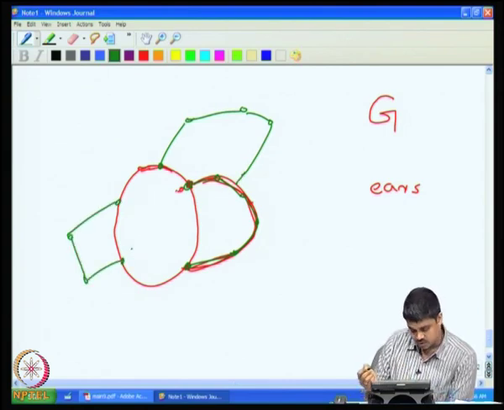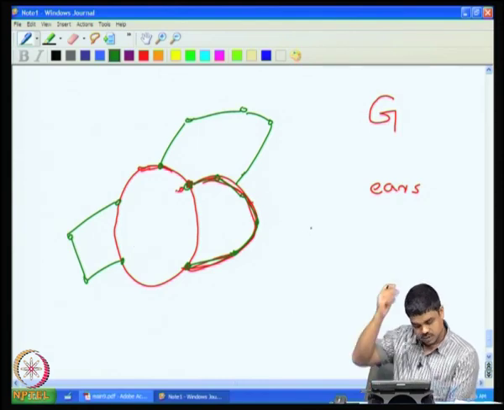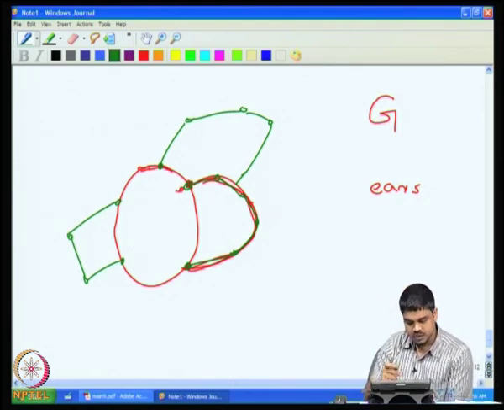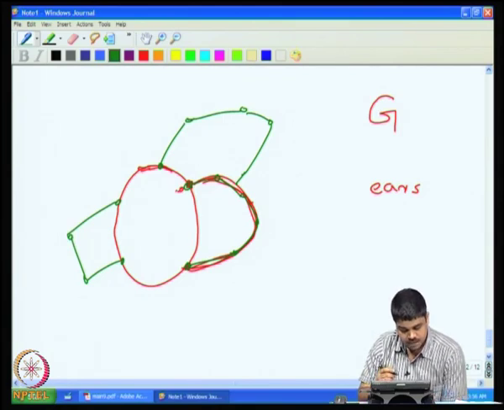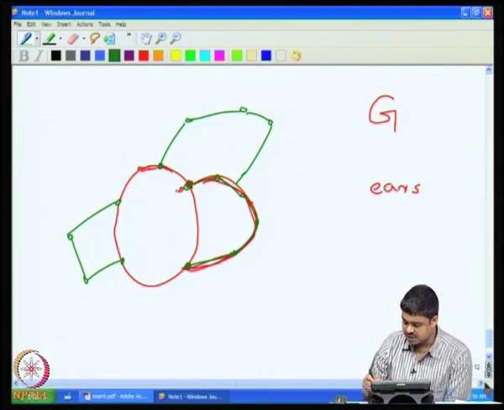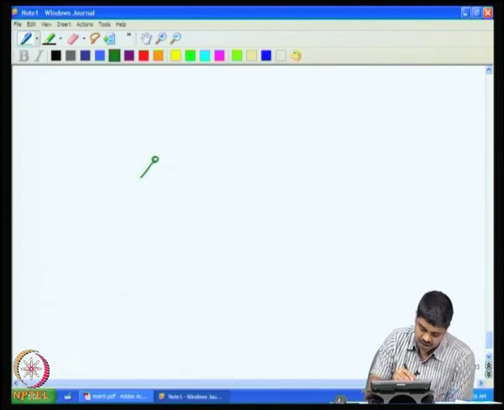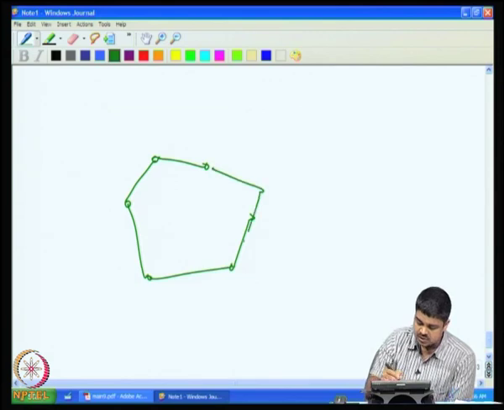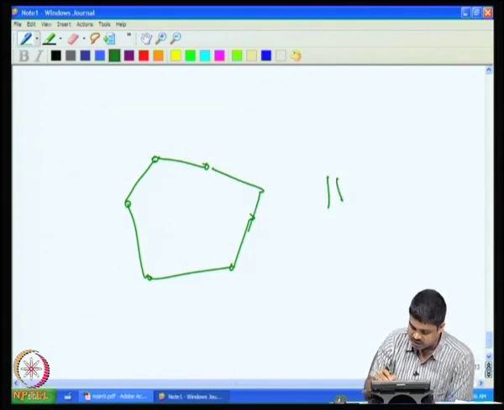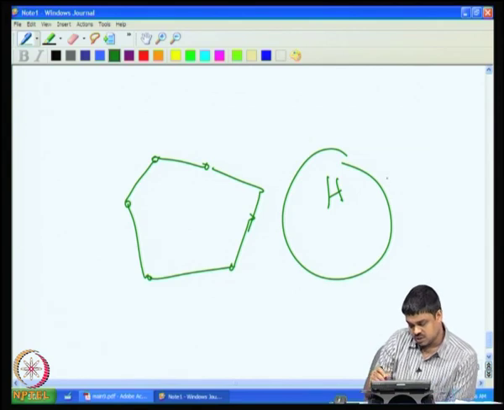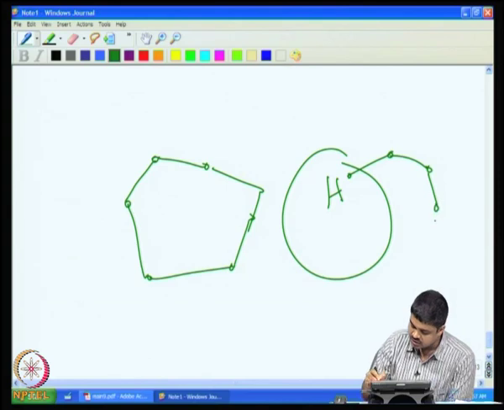So this new graph can be added. So if I start with a cycle and keep adding ears to an already existing graph H, an ear is also called an open path, in the sense that it is a path outside the graph with just the end vertices placed in the graph.